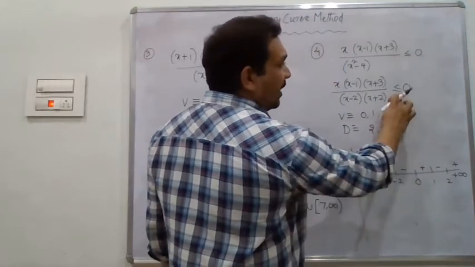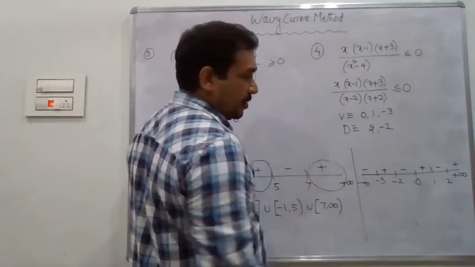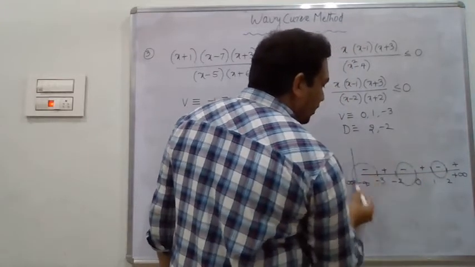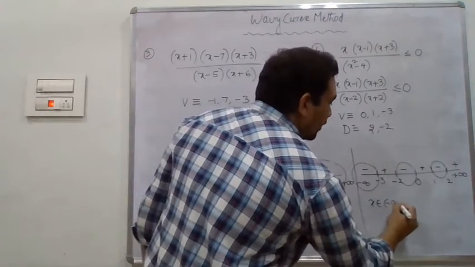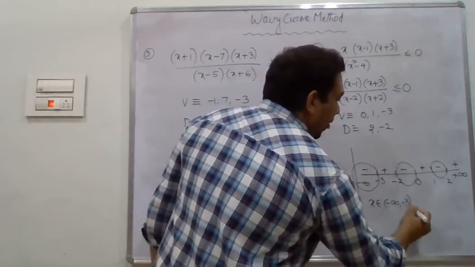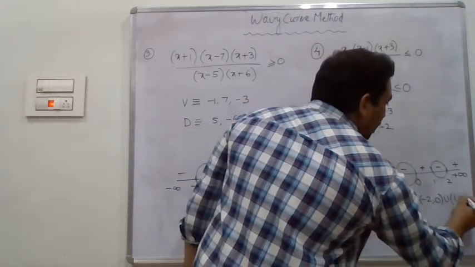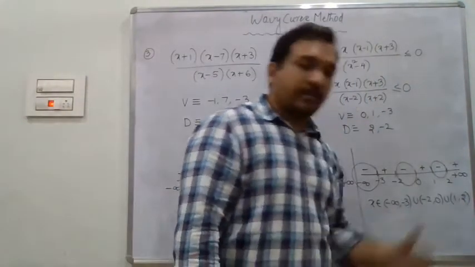We need which region? Less than or equal to 0. The negative region, meaning the non-positive region. This region: minus, minus and minus. X belongs to minus infinity to minus 3 union minus 2 to 0 union 1 comma 2. Here also I wrote all open intervals.